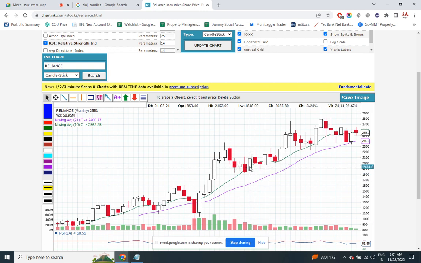When you put your mouse over the candle, you can see here at the top what is the open, high, low, close. 1st February 2021, open price, high price, low price, close price. Okay. So what has been the change? 13%. Not for the day, from 1st February to end of February, 28th of February. Alright.